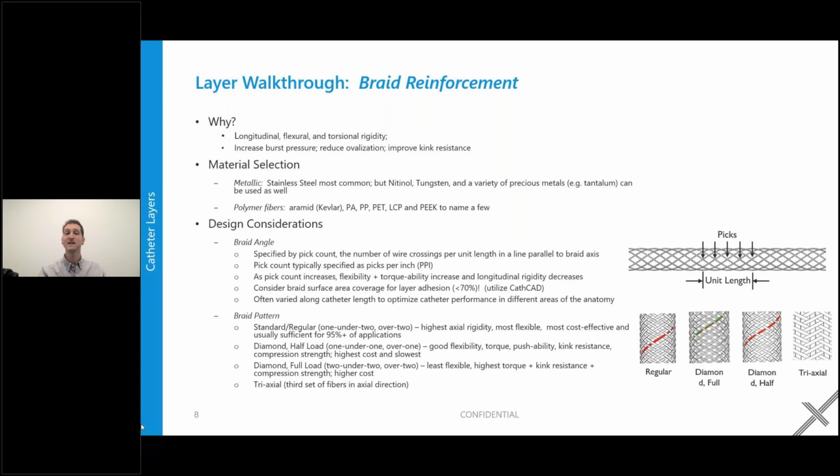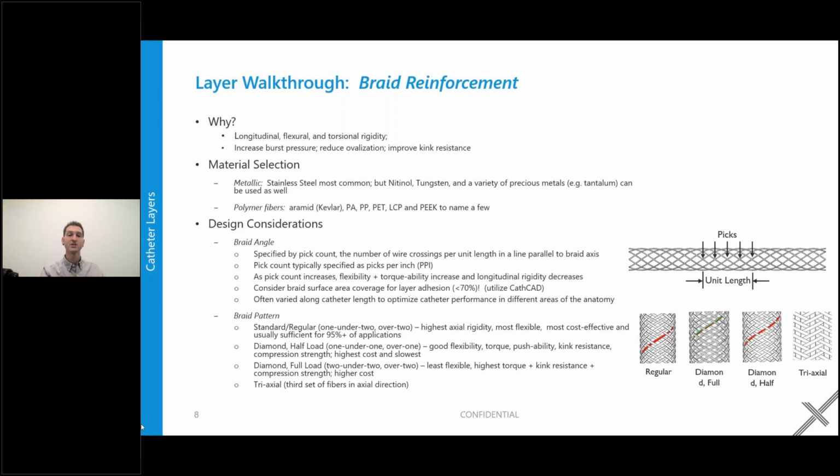Things like LCP and PEEK and Kevlar don't melt, or at least don't melt within the temperature ranges of what your device is going to get processed on for jacketing it. And so those are good for those applications. And some of the other ones you would be looking at like dip casting or some other type of process around them, where you're not worried about melting the braid structure.